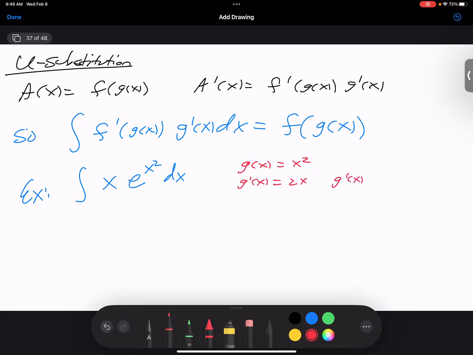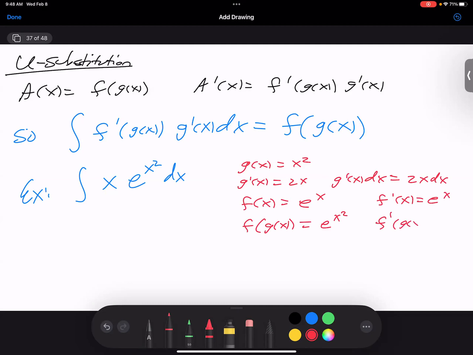G prime of x dx would be 2x dx. If I let f of x be e to the x, f of g of x would be e to the x squared. F prime of x would be e to the x. F prime at g of x would be e to the x squared.